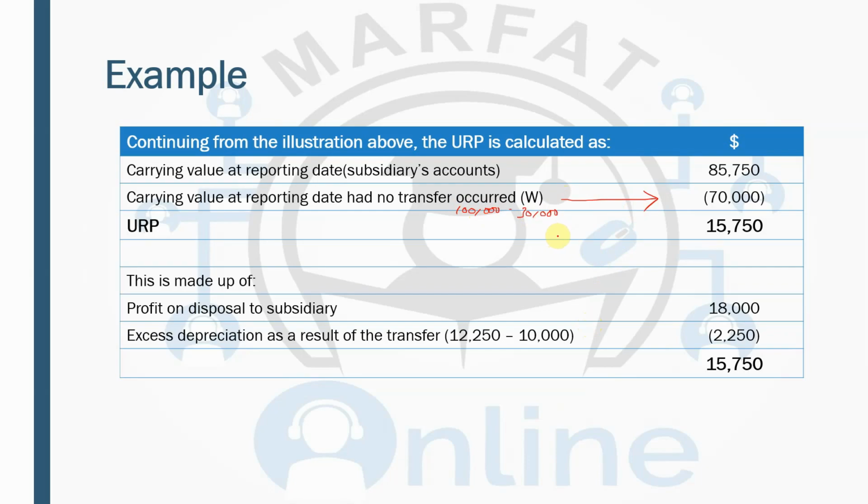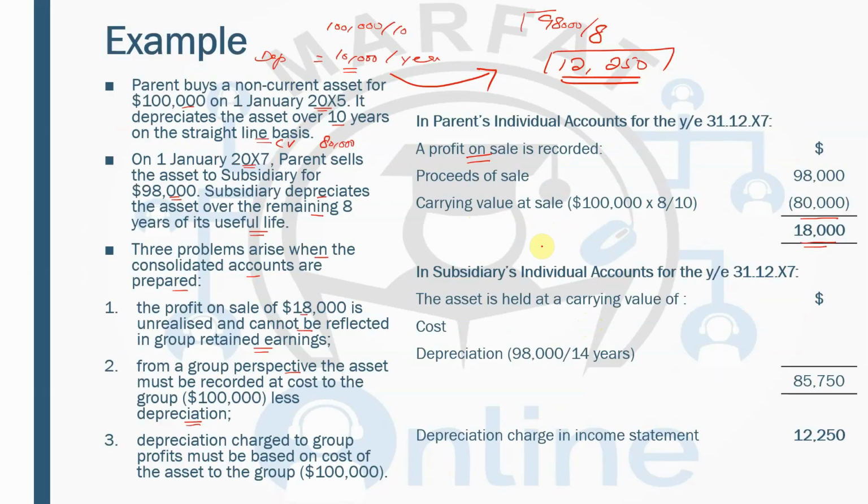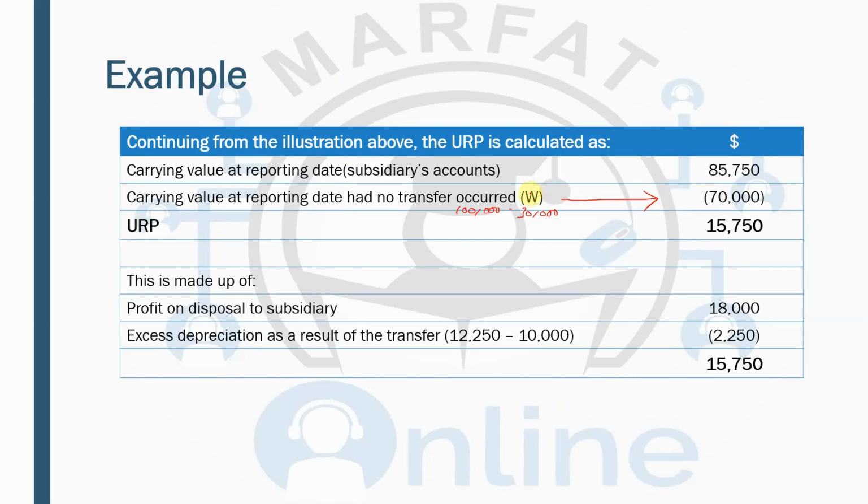But now this has been sold to the subsidiary. And at what amount? 98,000. So 98,000 minus 1-year depreciation, which is 12,250. Now the carrying value is 85,750. The difference between the carrying value now and the carrying value that would have been if there was no sale is the unrealized profit.